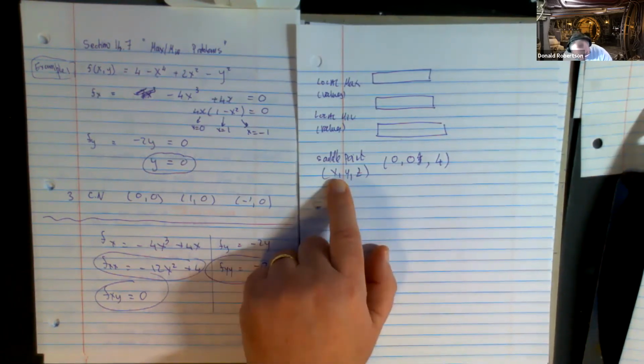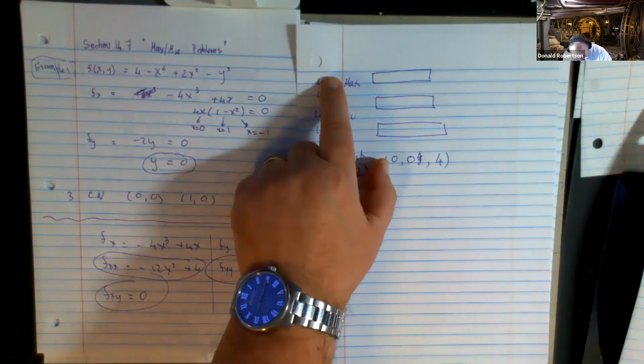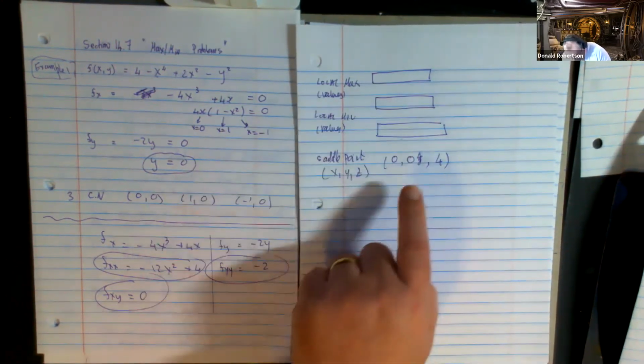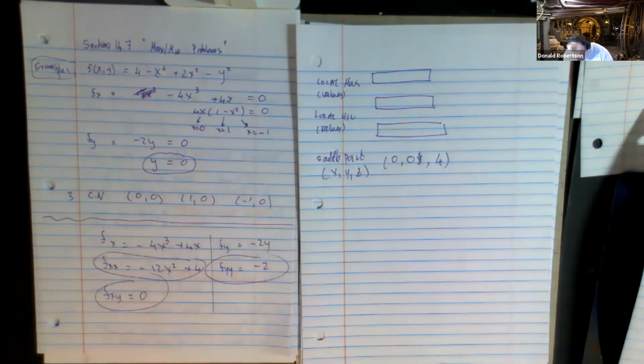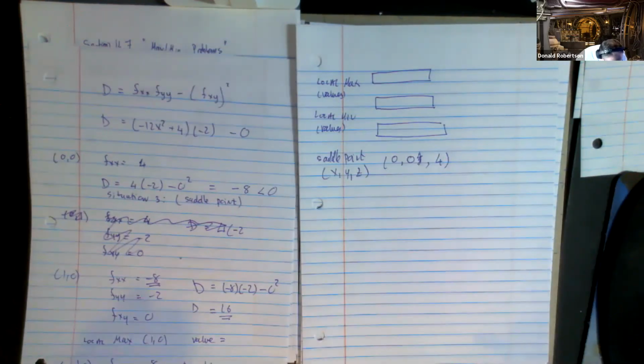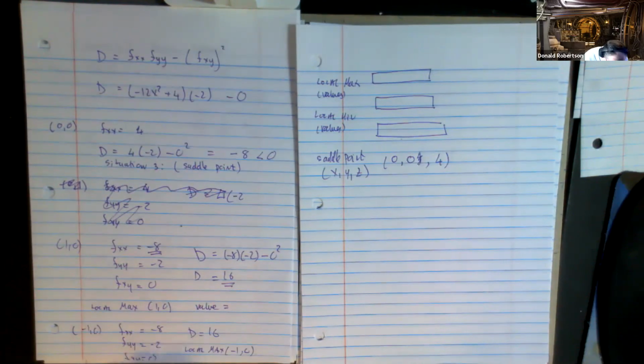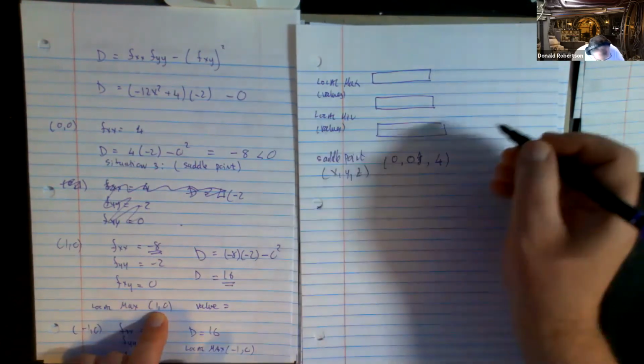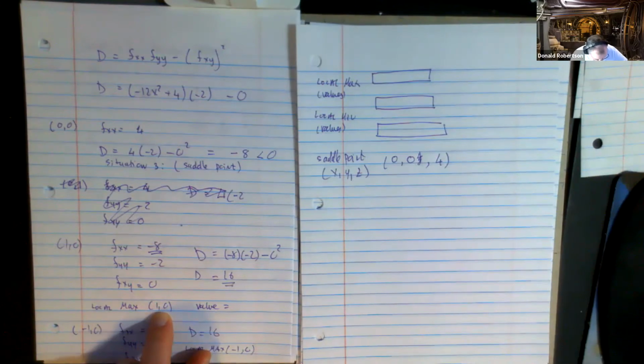So that's what they want you to do here. For the local max and min, you don't put in the coordinates, which I think they should either all do or not, but that's not what they wanted.